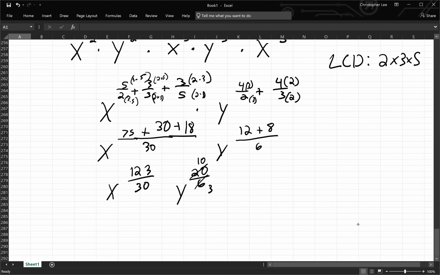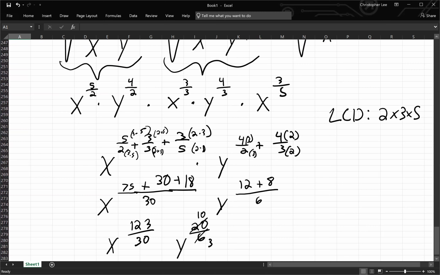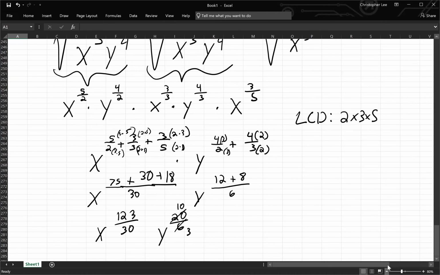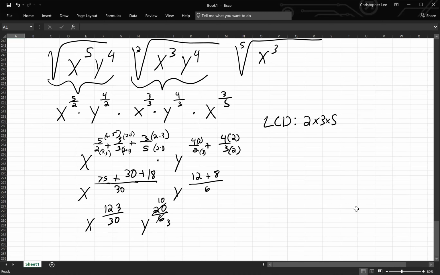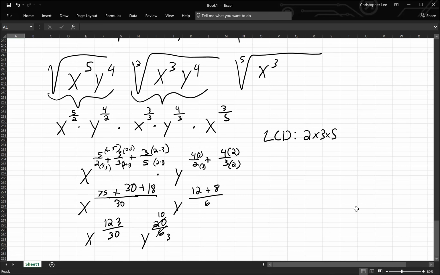Good question, though. And if you want to see it, we're gonna have these two problems on it. Rewrite the expression without the variable. Like in a root? Okay. What about it?